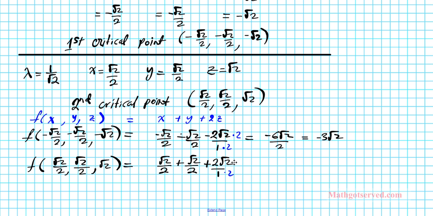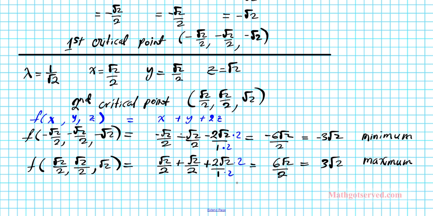And then what do we have here? We're going to have 1 plus 1 plus 4, which is 6. 6 root 2 over 2, which reduces to 3 root 2. So we have our extrema at these 2 points, and this is our minimum, and this right here is our maximum.